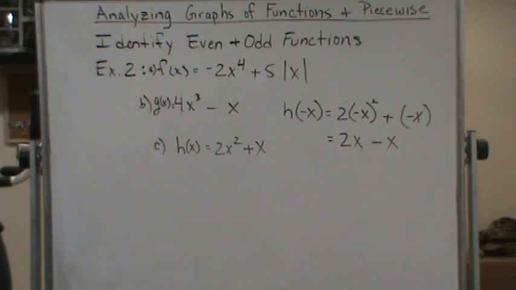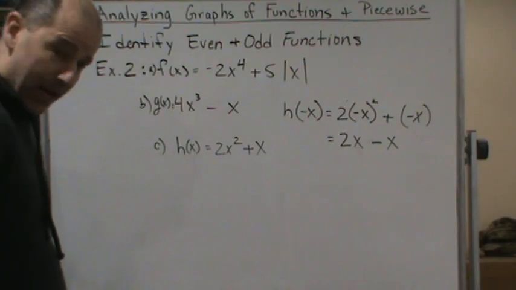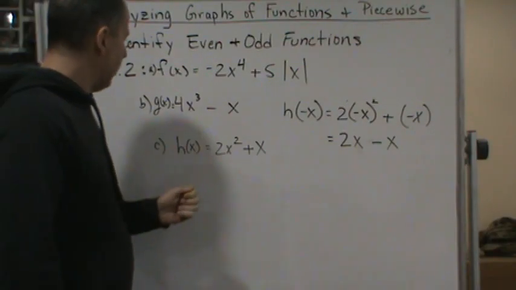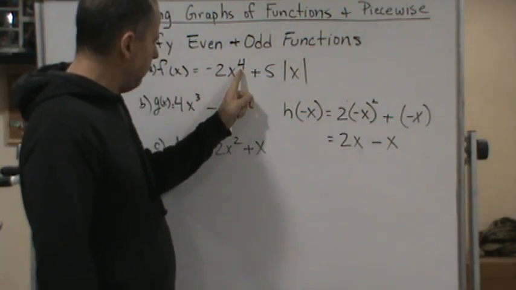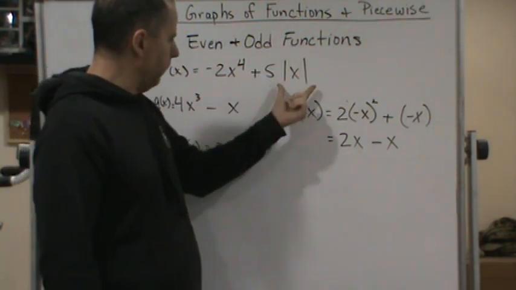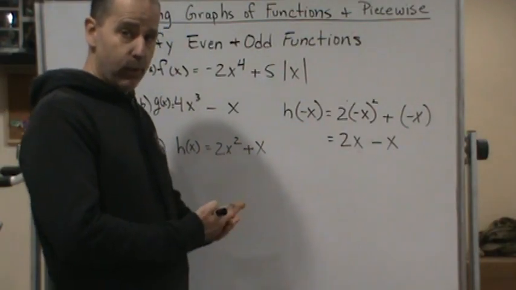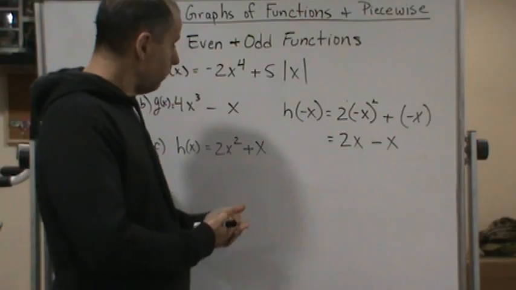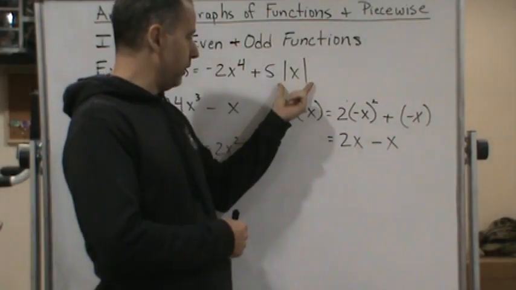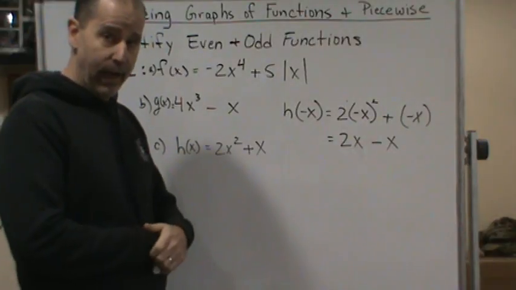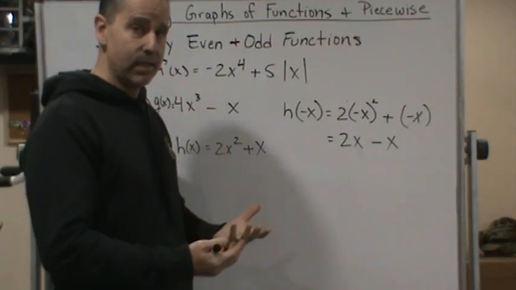Now this brings up something interesting that you may or may not have noticed. In the first case, what were we dealing with? We were dealing with even exponents or absolute value. When we have variables with even exponents, or variables dealing with absolute value, those will always give us a positive outcome.